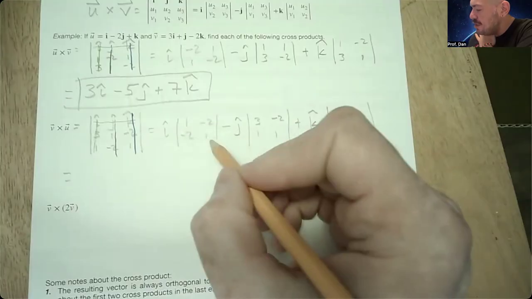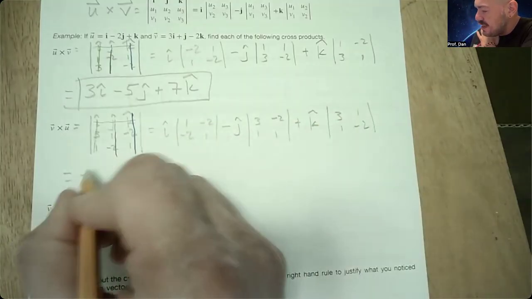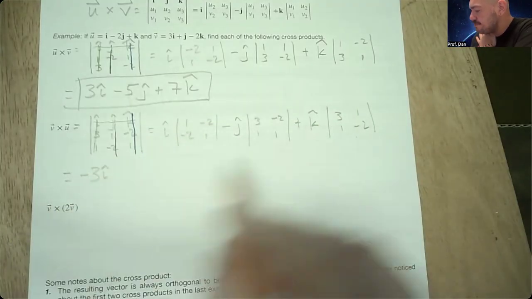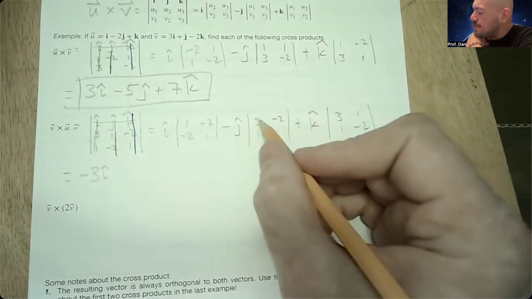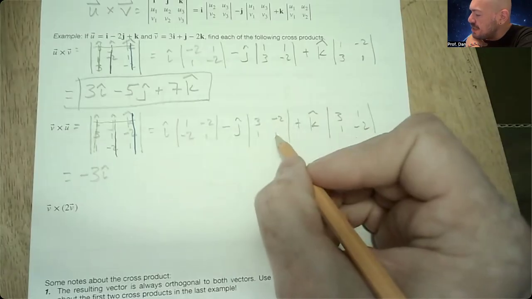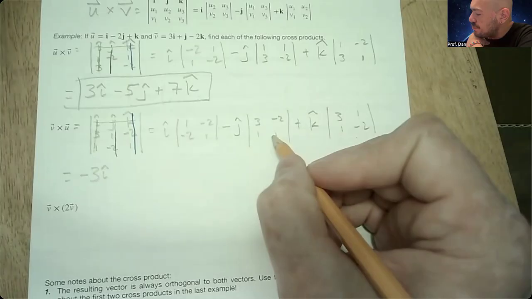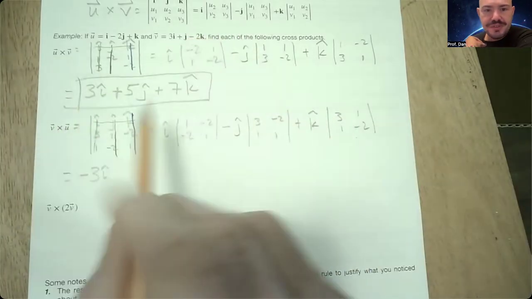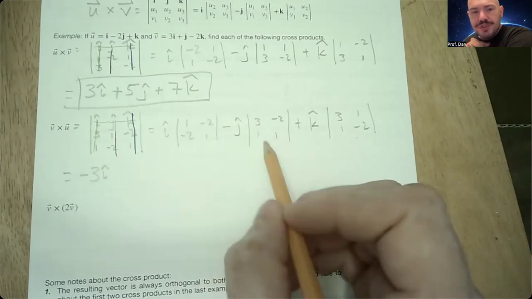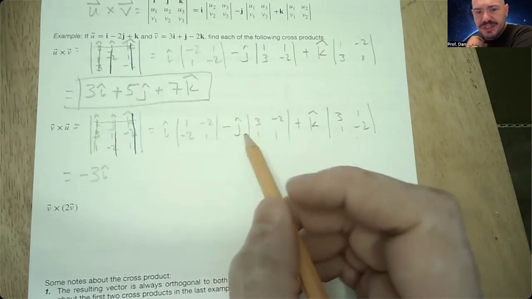So here we have 1 minus 4, so I get -3i. And then for this one, we get 3. Oh, whoops, correction. It should be a plus. Yeah, and then for this one, we get 3 minus -2.